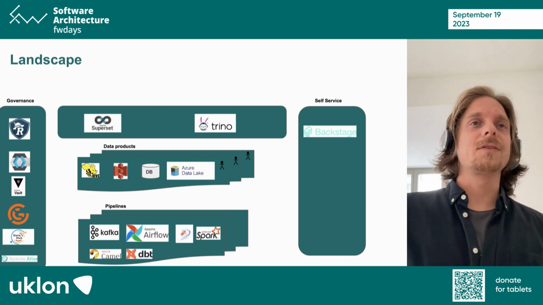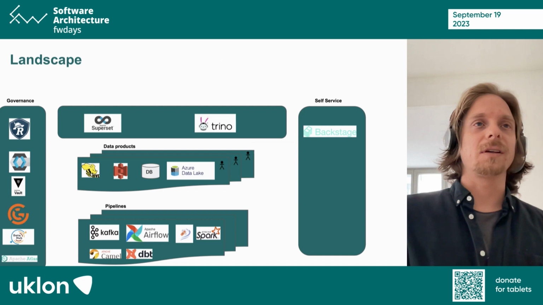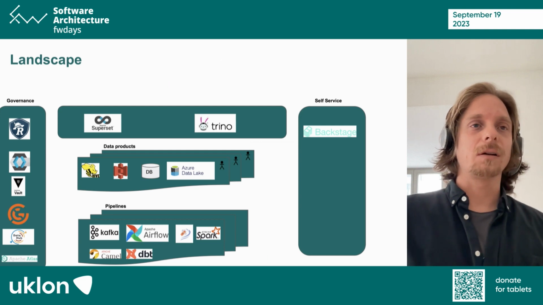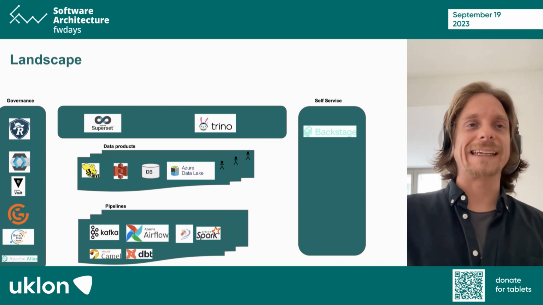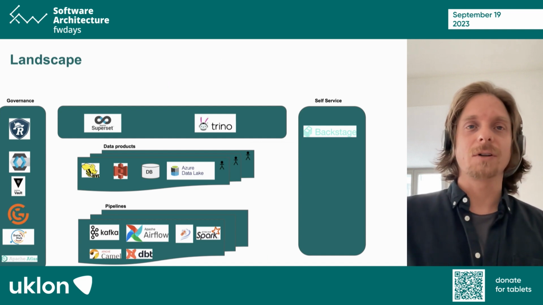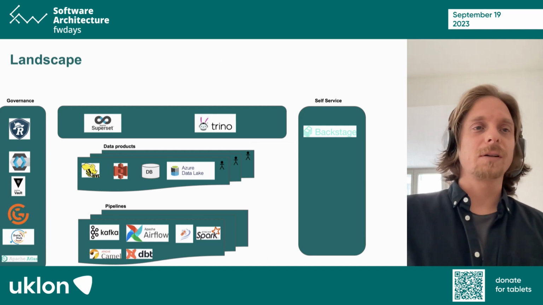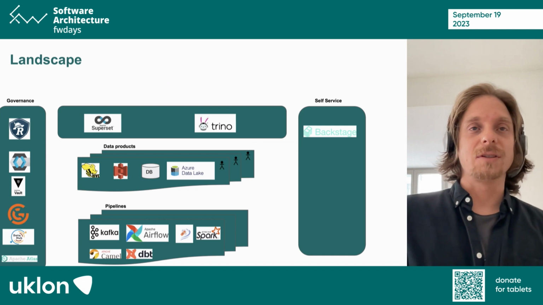But whenever you work with data products, we already covered the governance part, we covered the querying part, but how does data get into those data products? It comes from different pipeline solutions like Kafka, Apache Airflow, Argo Workflows, if you wonder what this squid is doing, Apache Spark, Apache Camel, and dbt, why not?